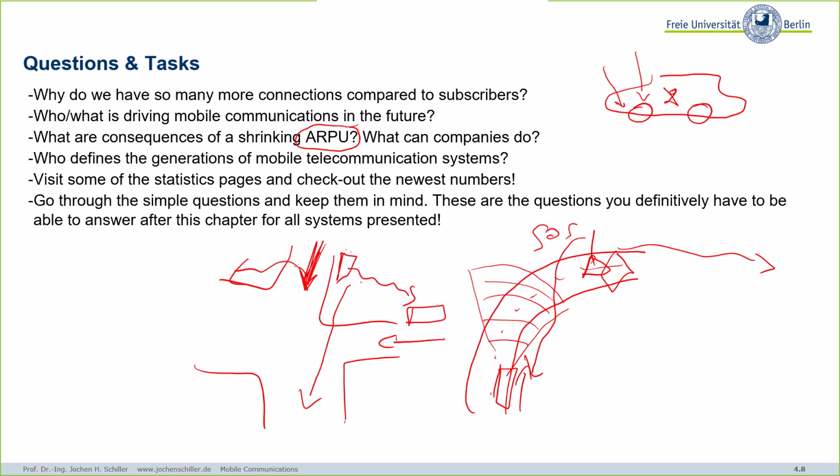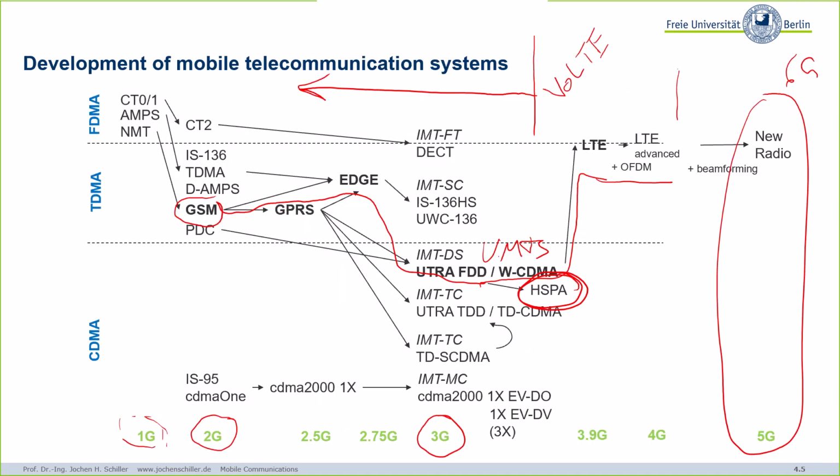And this is also the reason why we have many systems. If we go back to this slide, you see for 3G many solutions, and they can all call themselves 3G systems. So IMT is International Mobile Telecommunications. That was the idea of the ITU, to have one global mobile telecommunication system.